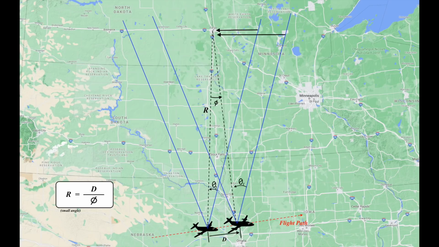The next graphic will make that clear. Now that's an approximation for small angles, where actually the equation I'm showing is actually for the arc length, but when the angle is small, the arc length is pretty close to the straight line distance d.